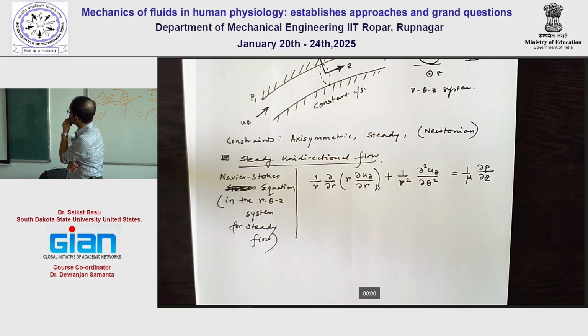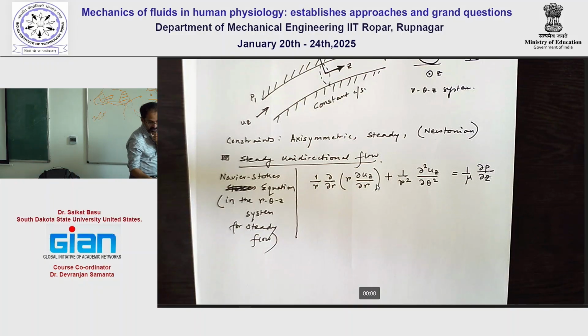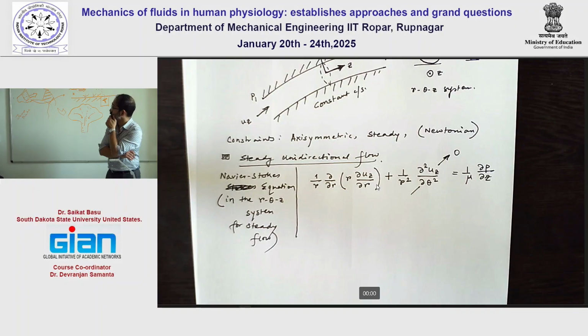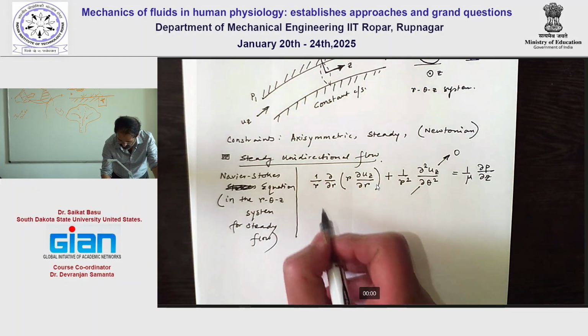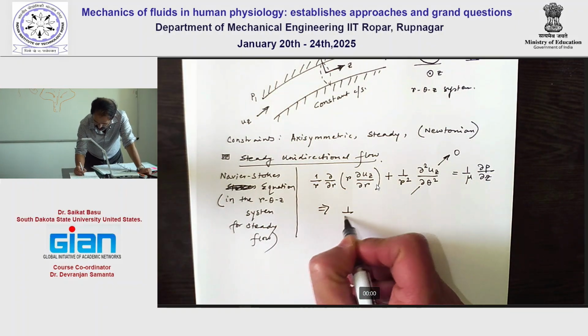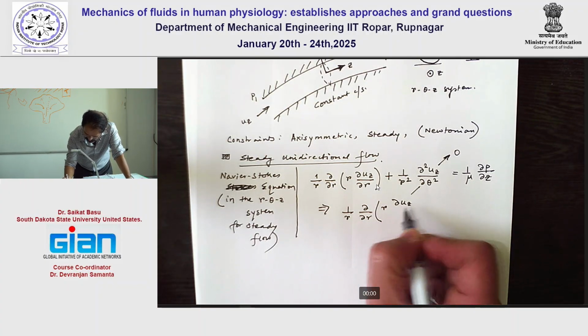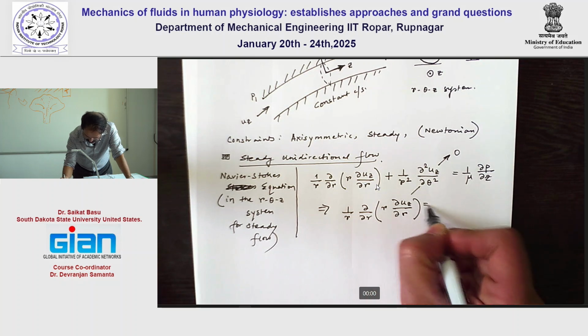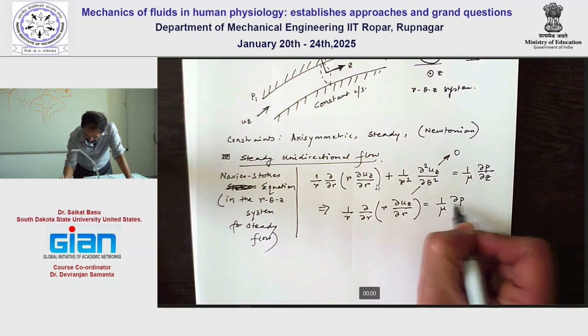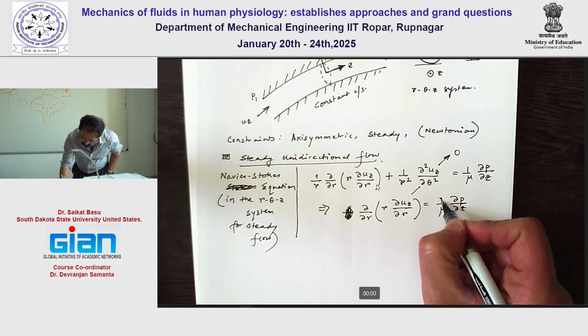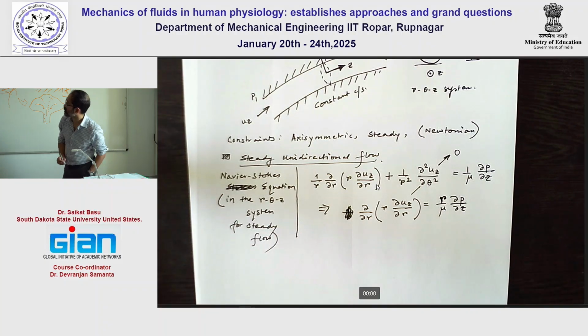In the assumptions, we have assumed that it is axisymmetric. If that is so, this term is 0. The derivative with respect to theta is 0. So we are left with 1 over r, del/del r of (r del uz/del r), equal to 1 over mu, del p/del z. Let's put r on the other side.